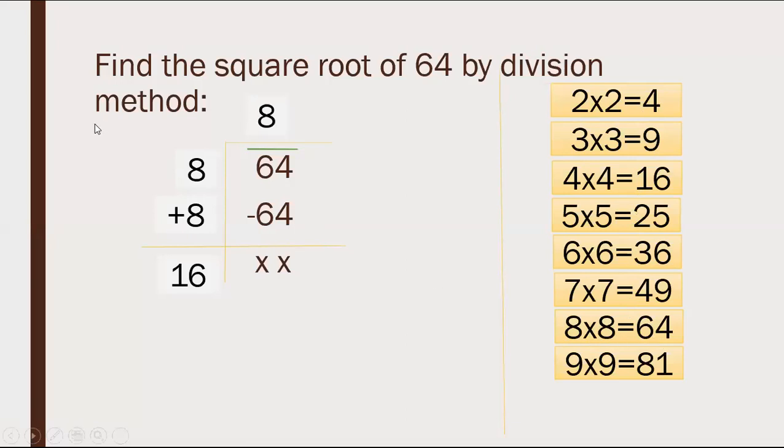So 8 8s are 64 and 64 minus 64 will be cancelled, and on the left hand side the same number is going to be added over here. So 8 plus 8 is 16. Clear? So the square root of 64 is equal to 8.